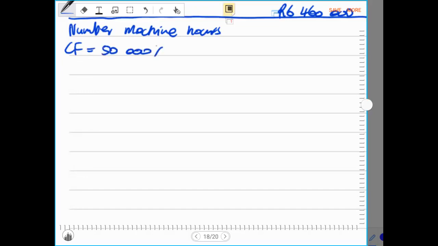Then we need the number of machine hours. For product CF, which they manufacture 50,000 times 30 minutes over 60 minutes.